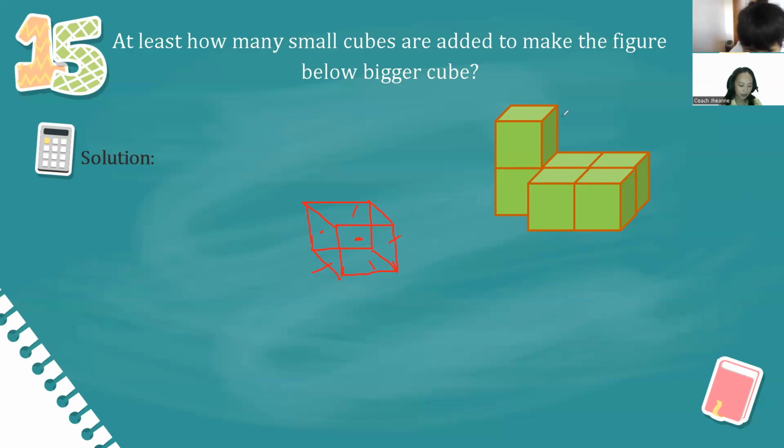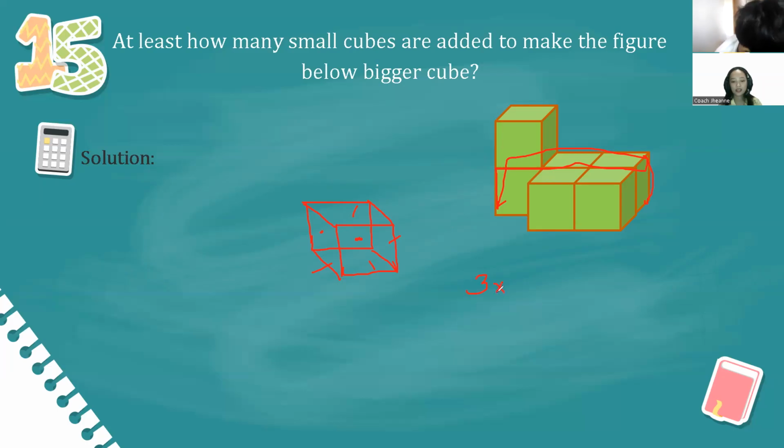We can see here, at the back, that it has 3 small cubes. To have a bigger cube, we use this long side of 3 small cubes as a base.